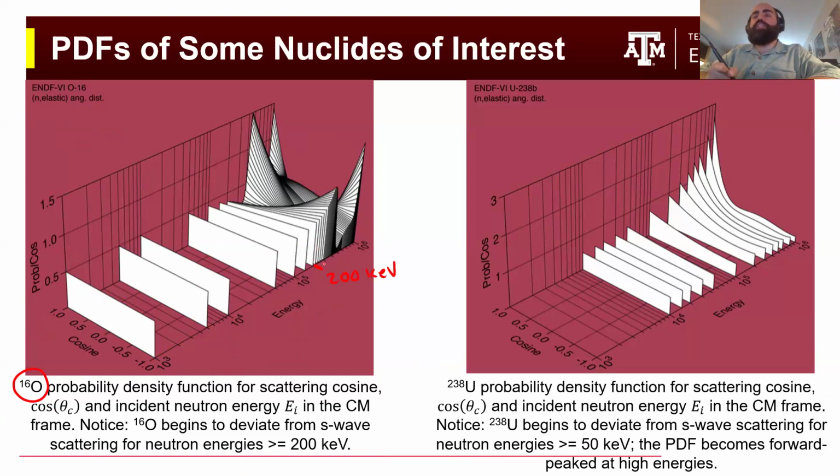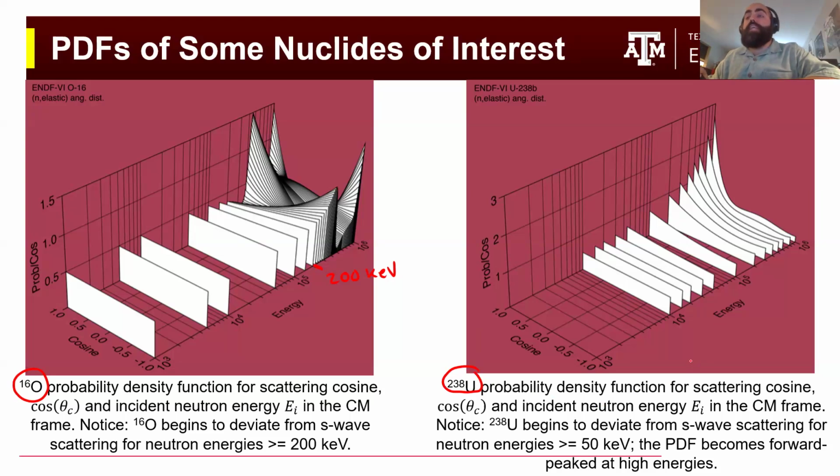Once the neutron energy is above 200 keV, again we start seeing weird stuff, oscillating between forward and backward scattering. But below 200 keV, it's about an isotropic scatterer, basically scattering the neutrons with equal probability in every direction. And here's uranium-238.